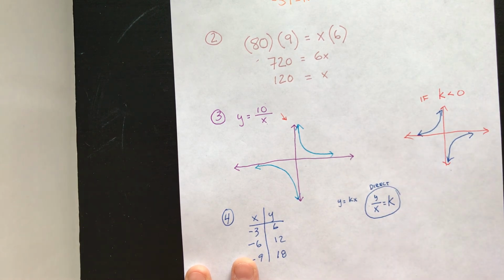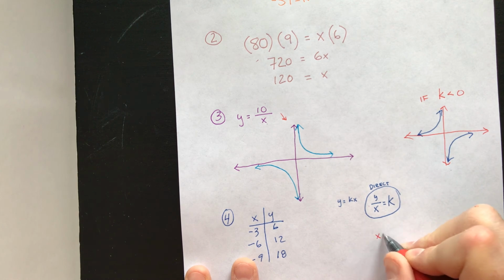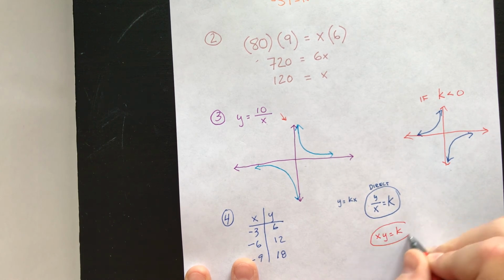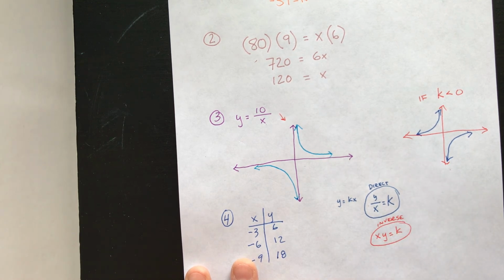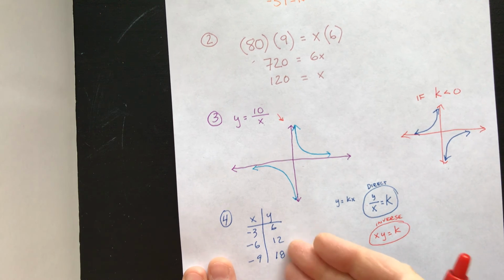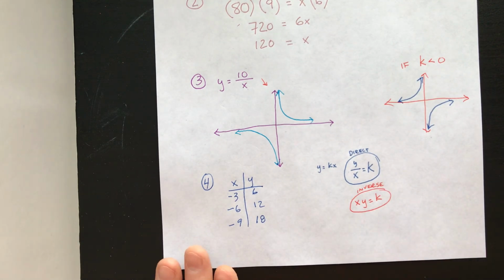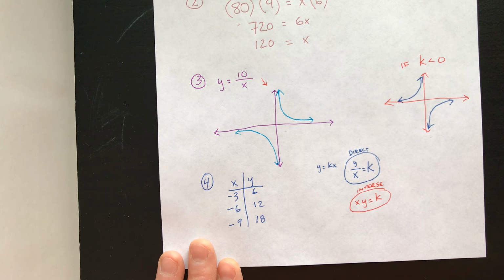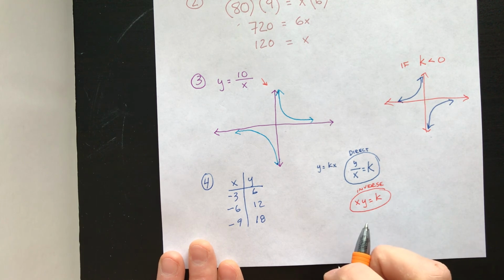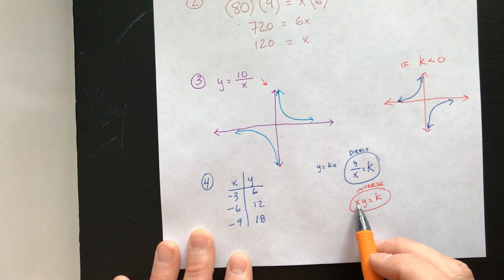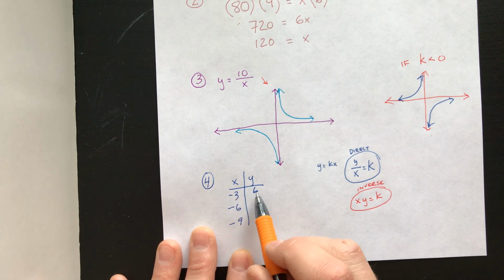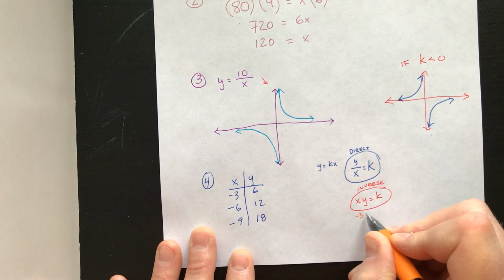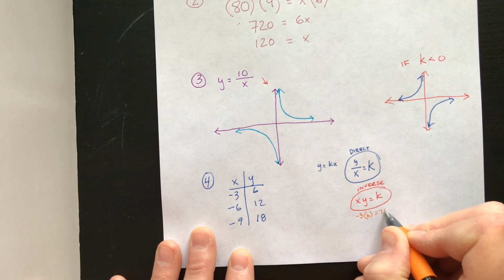And we need to check x times y is equal to k. This is inverse. Because this problem is saying, does this table represent direct variation or inverse variation? And then what's the equation? So when we do this problem, I'm going to check inverse, x times y. So I need to multiply my x times y. So -3 times 6 equals -18.